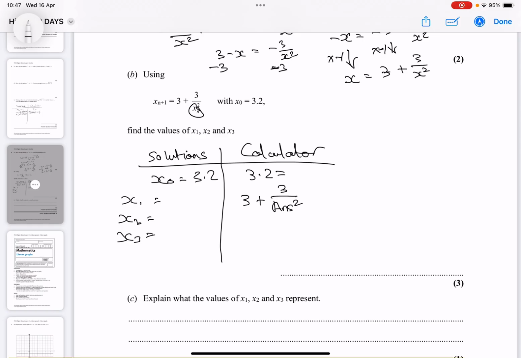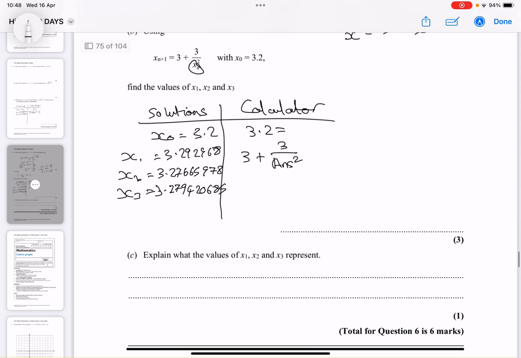Then 3 plus fraction button, 3 over Ans squared equals, first one, 3.29296875, and again 3.27665976 if you want, and again 3.2794206885.